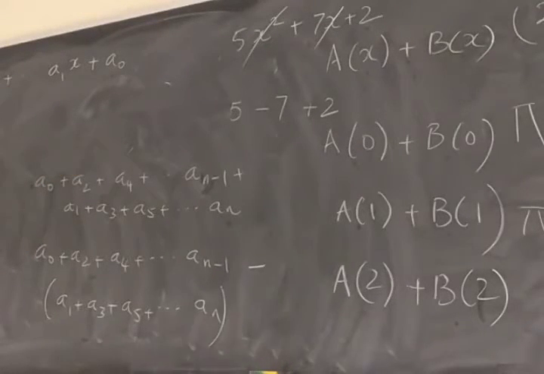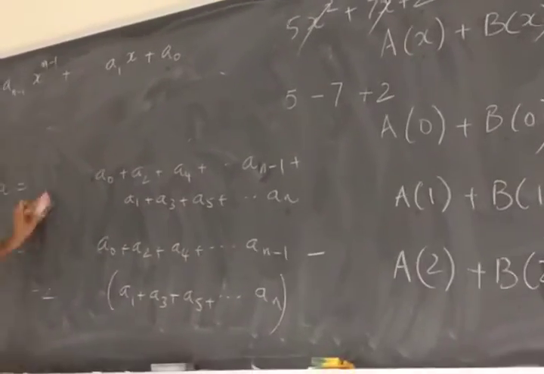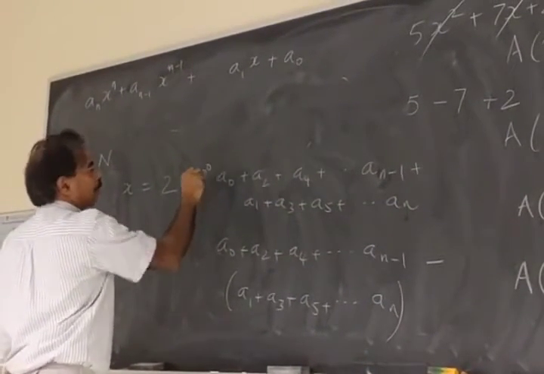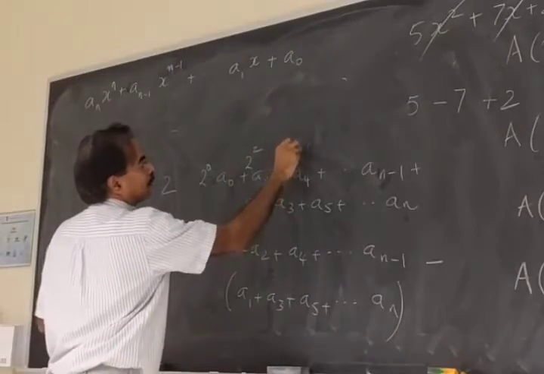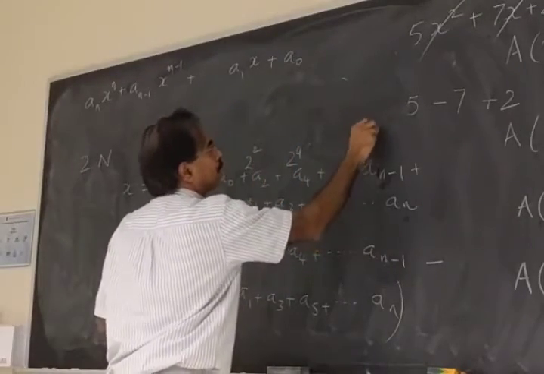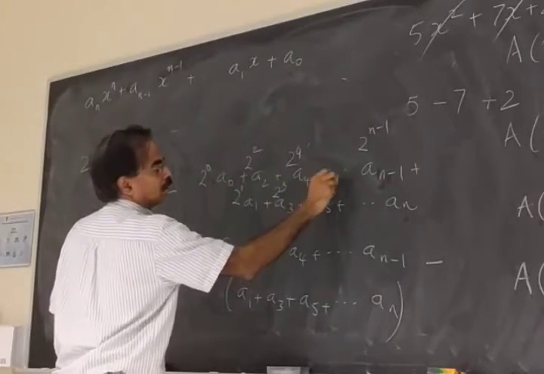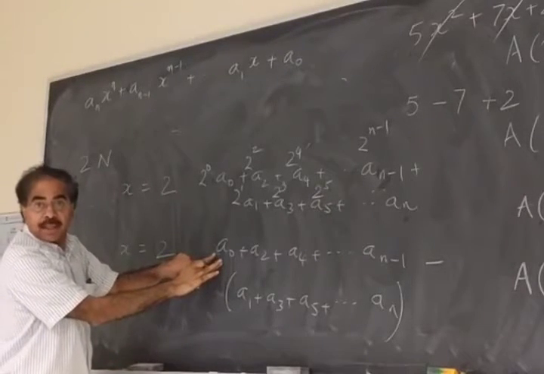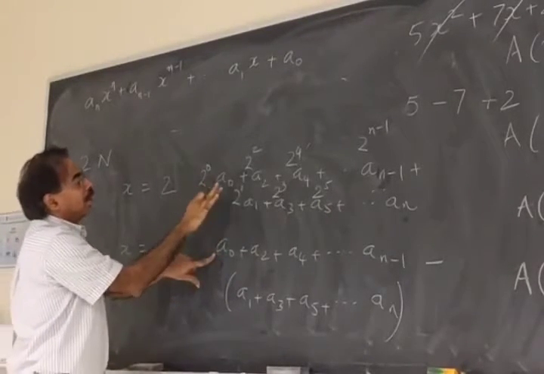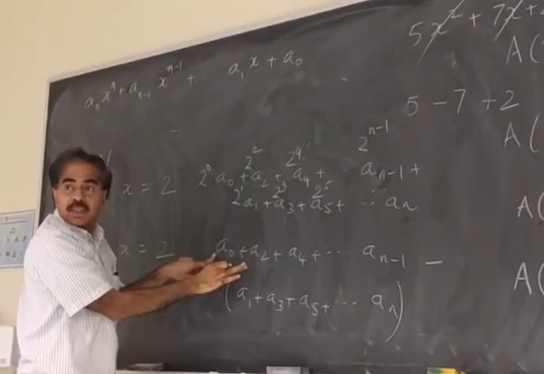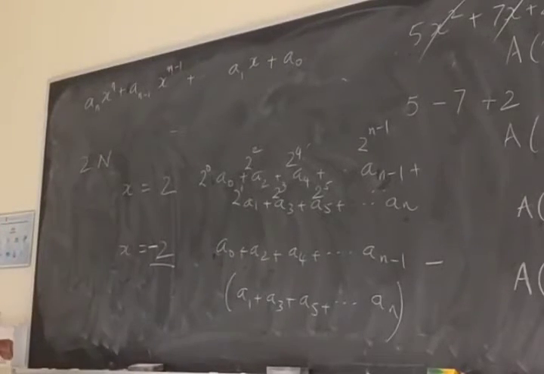You can convince yourself that I can do this for x equal to 2 and -2 as well. If I did it for x equal to 2 and -2, this is going to be 2 power 0, 2 square, 2 power 4 times the coefficients. Even though it's no longer a2 but 4 times a2, the exact same thing is going to happen here because I have -2 here.